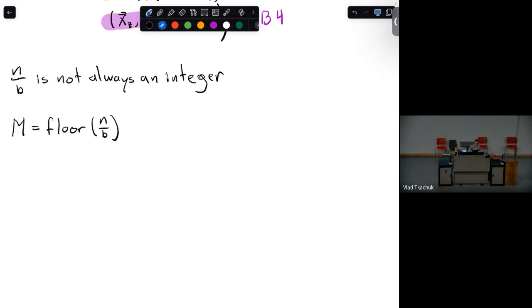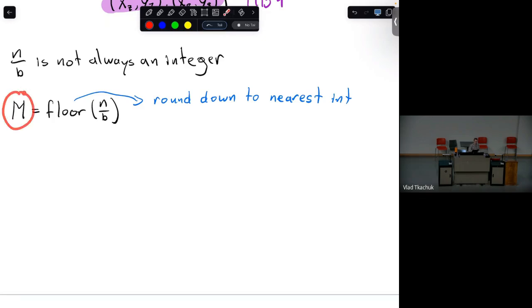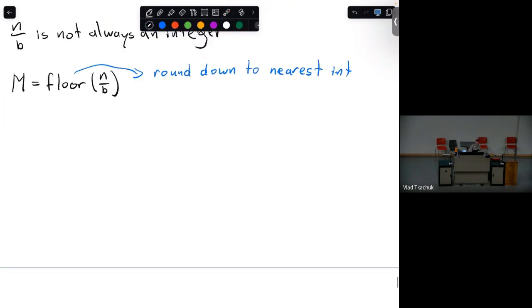Okay, so this floor thing, what does it mean? It means round down to the nearest integer. And the implication is that if I call this the number of batches, I'm not using all the data points after data point m times b.